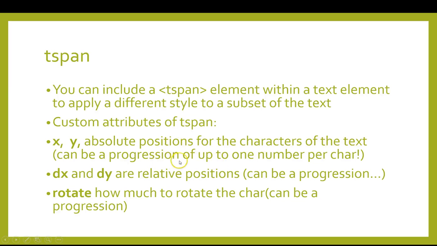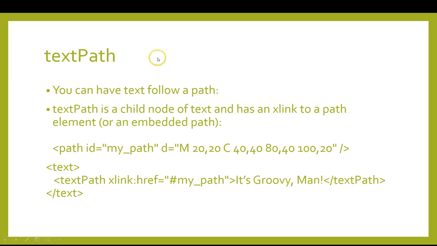And this can be a progression up to one number per character. We'll see that many of the values work that way. You also have dx and dy, which are relative positions. So this would be relative to the normal position of the text. That can also be a progression of values. And then rotate, which we'll look at in depth, also can take a progression.